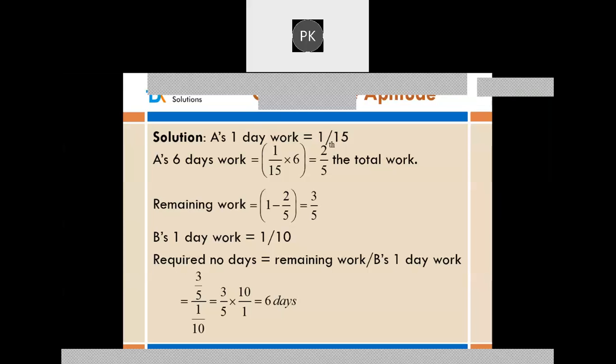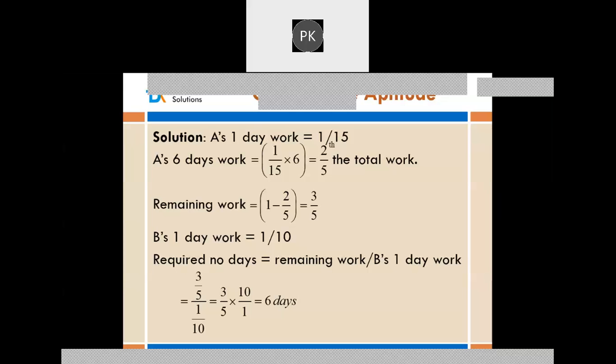Only 2 of them are showing the thumbs up. What about the rest of the people? Make it fast. Written, done. Shall we proceed to the next?